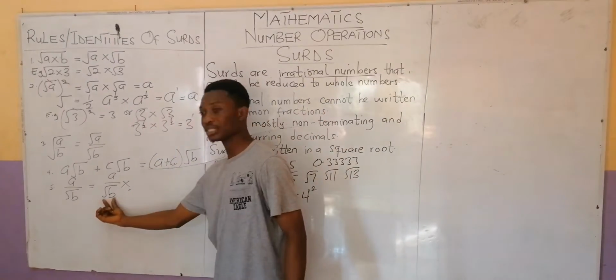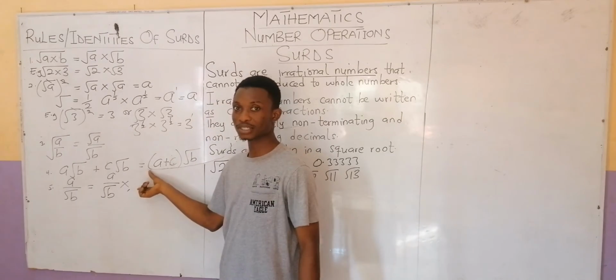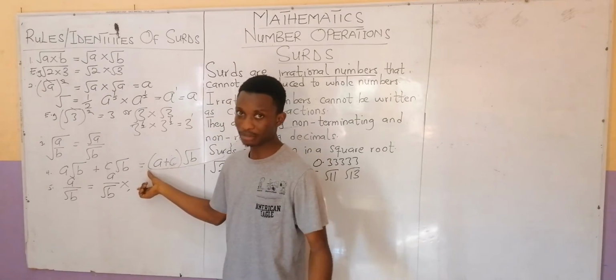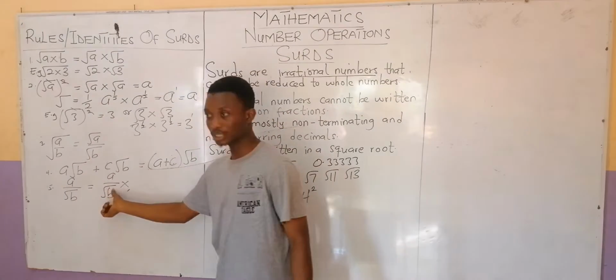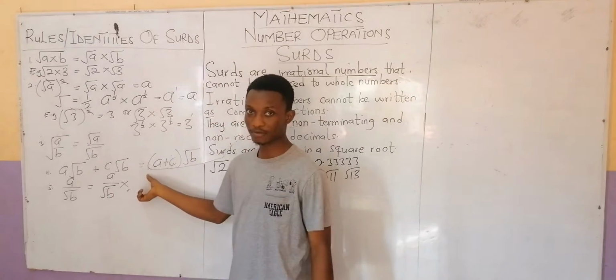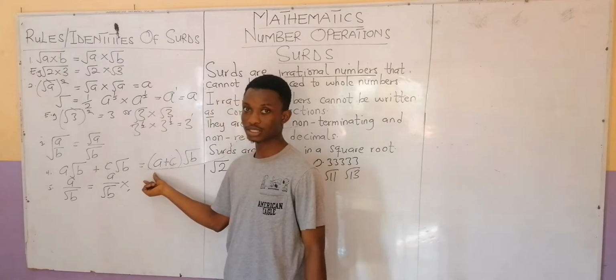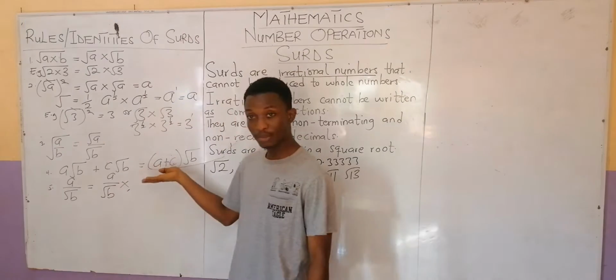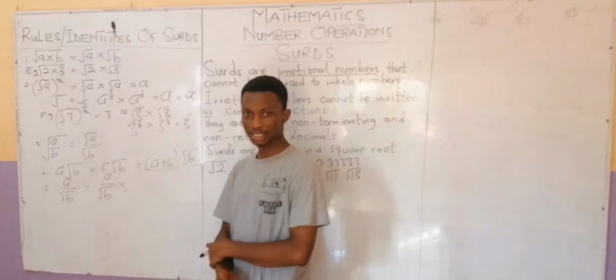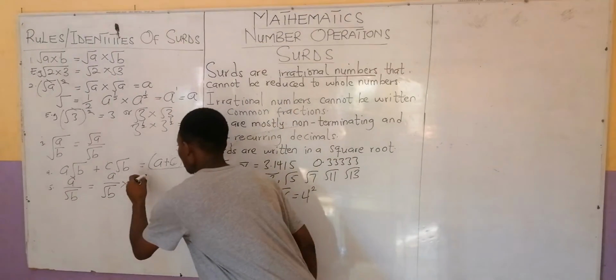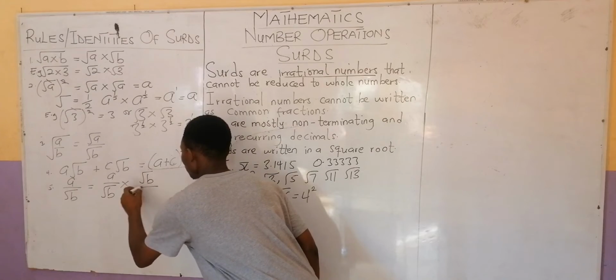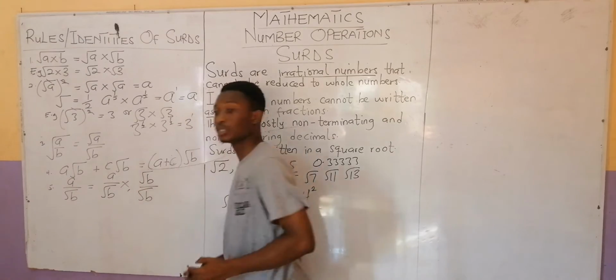I pick the denominator and use it as my fraction. My surd, root of B, will become my next fraction. So root of B will be my numerator and denominator at the same time. So I'm going to get root of B over root of B.